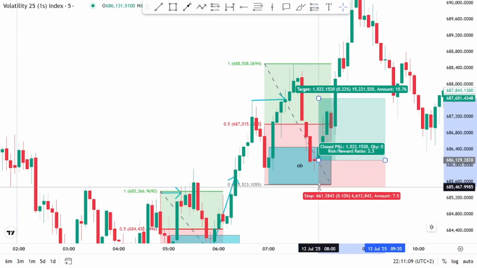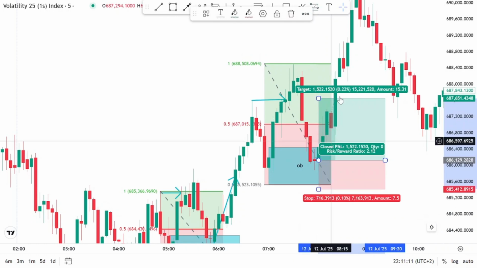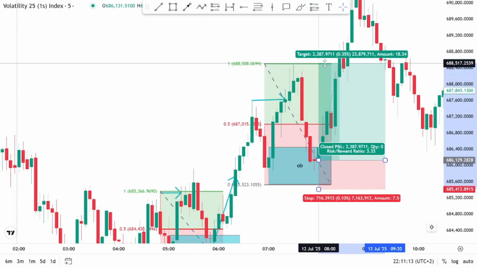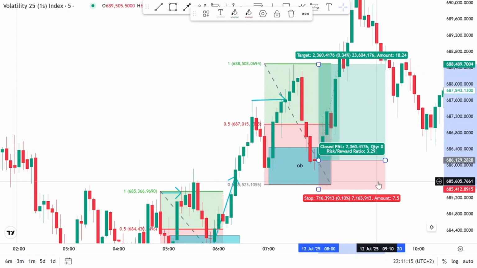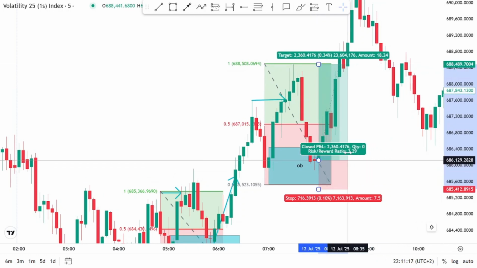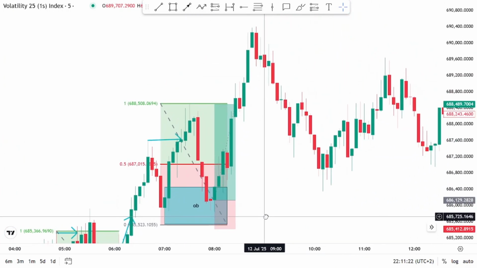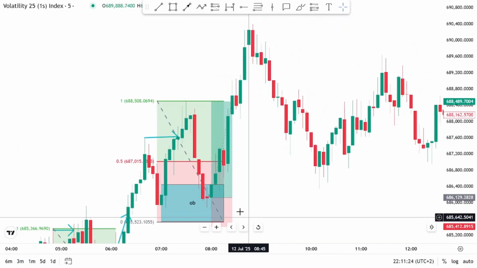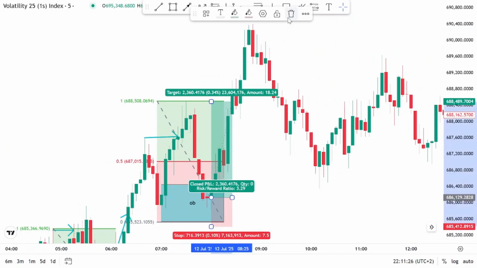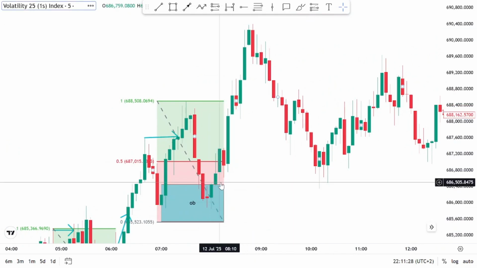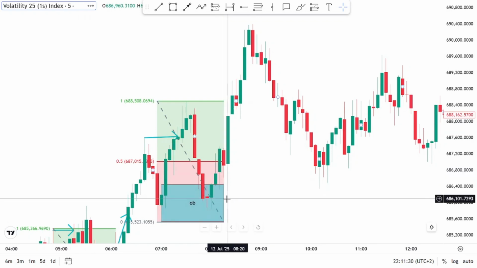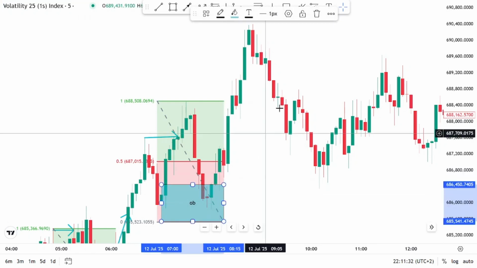Stop loss a little bit below, and then I'll take profit at the previous high here. Voila. And then the same thing happened here. Here's the example I was telling you guys about, what you should watch out for.